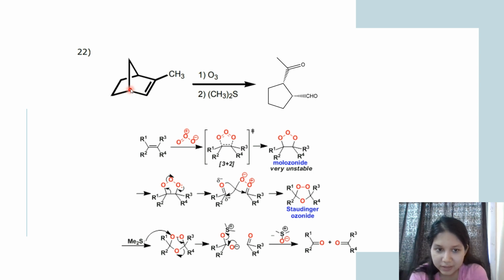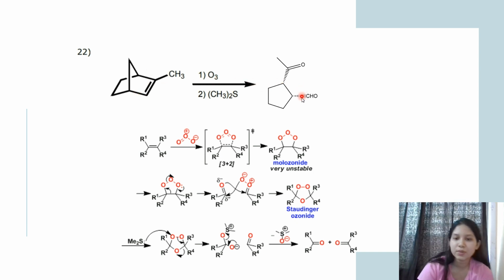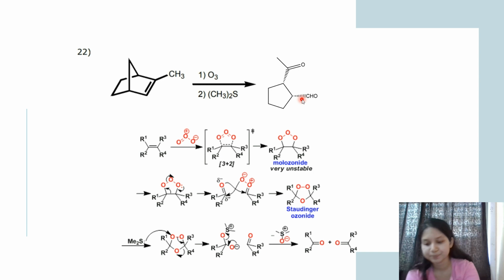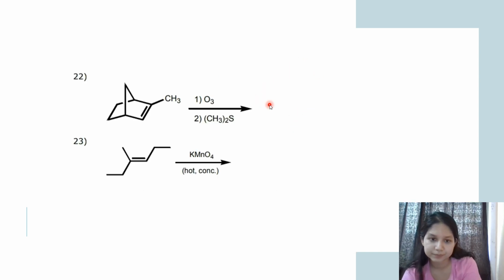Because just flatten the cyclopentane ring and imagine where you have to place the two substituents. They are on the same side, they are kind of below the face, so you have to place the substituents in the product also below the face. Thus you get this disubstituted cyclopentane ring as the final product.